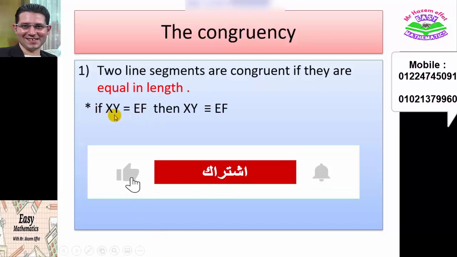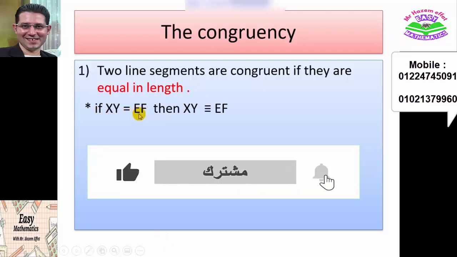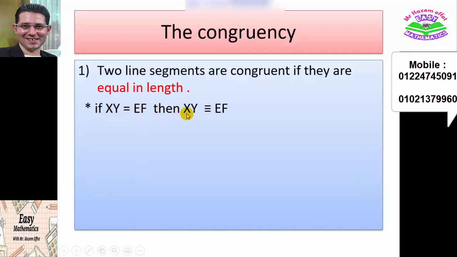If XY equals EF, then we can say XY line segment is congruent with EF line segment. When we write the sign of congruent, we must write the sign of line segment above each one. But if we say XY equals EF, we don't write any sign of line segment above them.